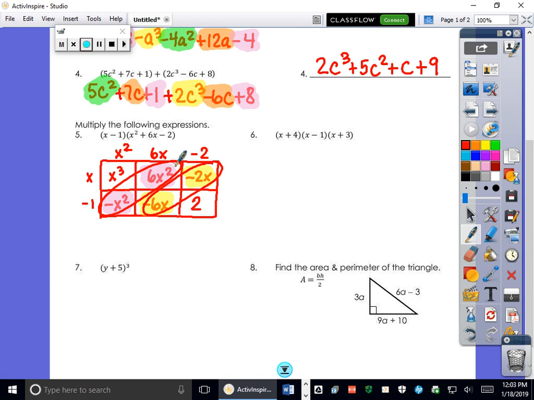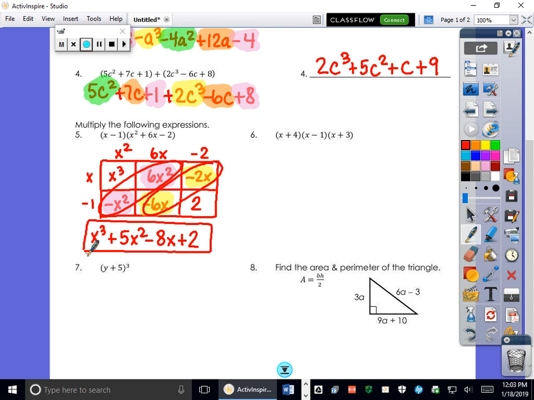So when I write my answer, I'm going to start with the x cubed, which is the highest exponent. Then I need to combine my negative x squared and my plus 6x squared, which would be 5x squared. Then I need to combine my negative 6x and negative 2x for negative 8x. And then I need to add the 2 at the end. So they should be in decreasing order with the highest exponent first. And this would be your final answer.